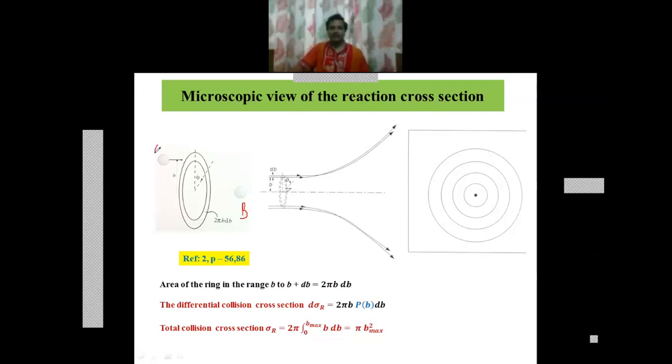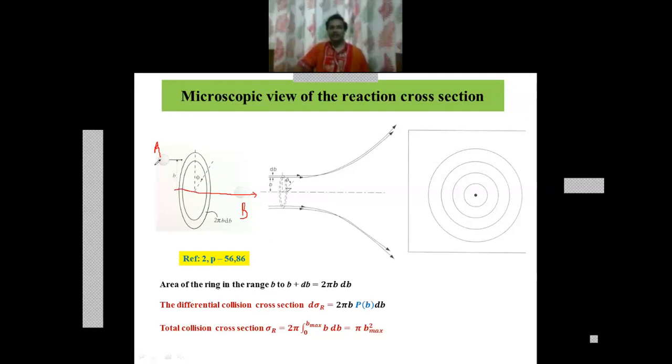Now A is coming, and this is basically the line where B is sitting. If b is 0, then A is here, so there will be a head-on collision, right? But it's not always that, so we are taking a sample where b is away from this.